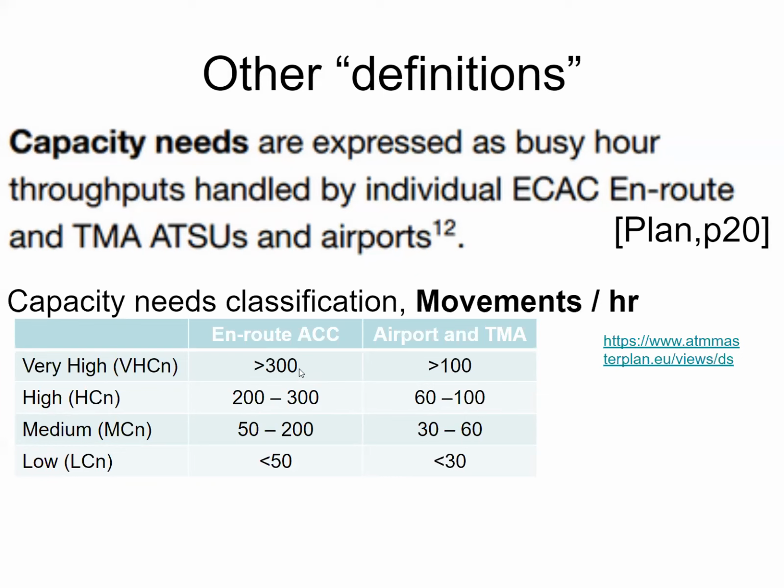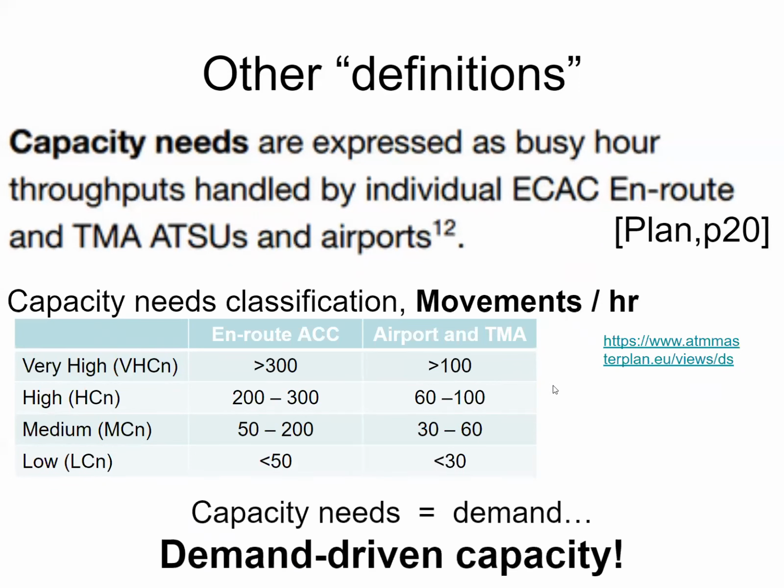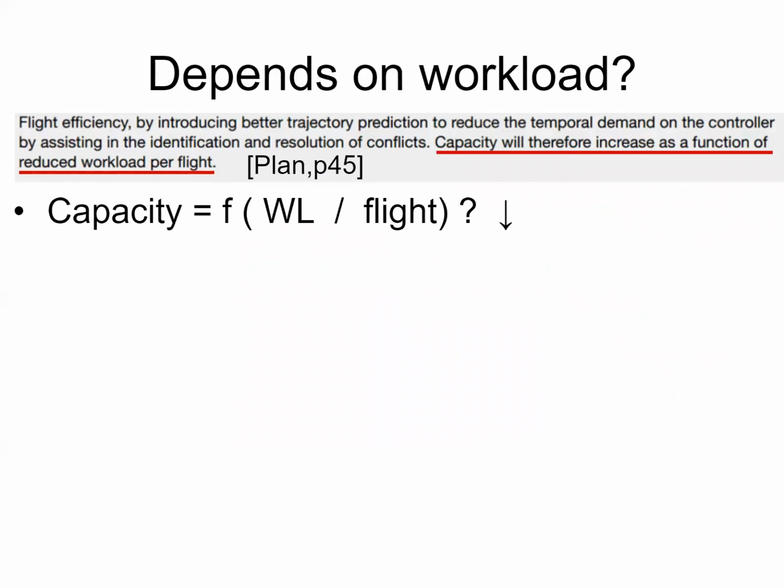Well, that's understandable. In TMA, you also have the vertical component. But what's interesting is that here they speak about the capacity needs. And this is, again, somehow the demand, right? That's how much traffic wants to fly through your airspace. So maybe that also brings you back to the demand-driven capacity, which we still don't know how to express and measure.